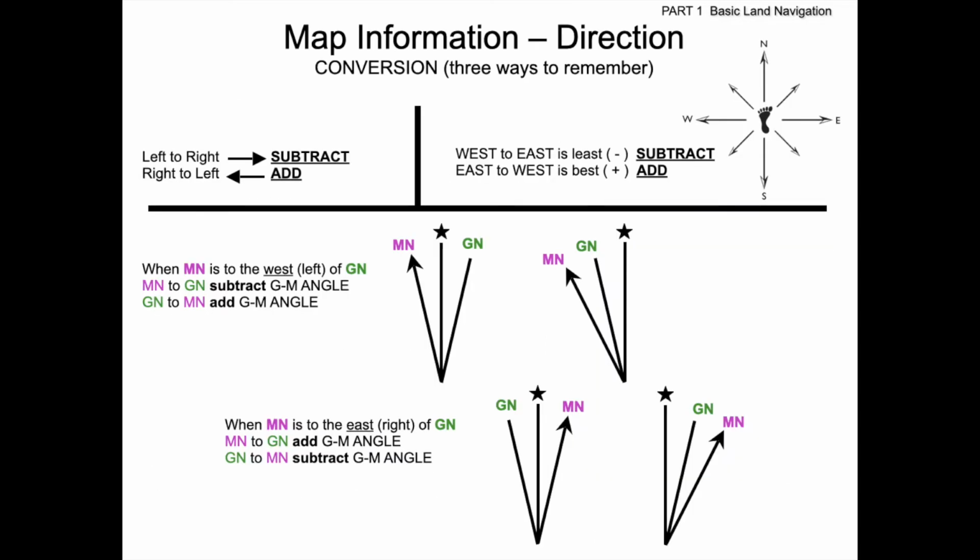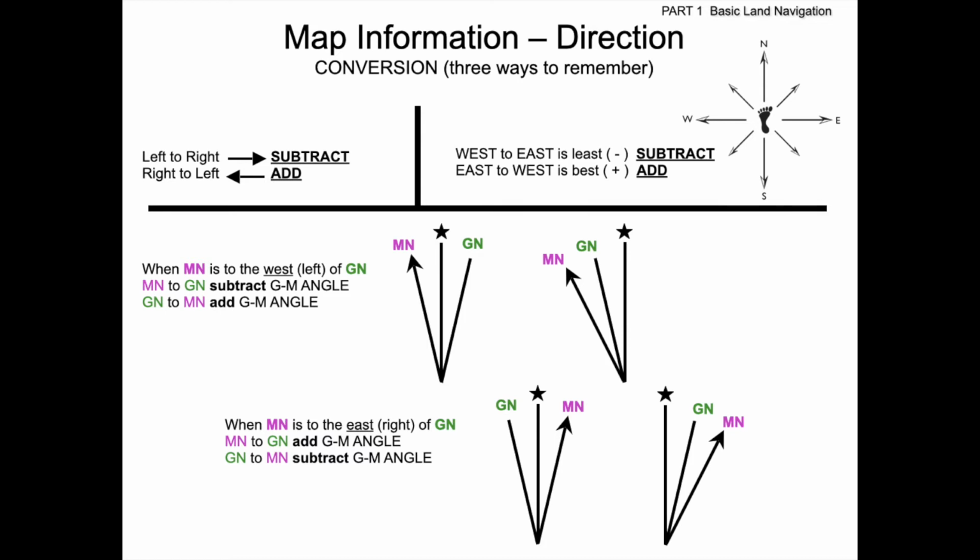All right, so now we're going to talk about the actual conversion. What we need to know is, if we're going from a grid north azimuth to a magnetic north azimuth, which is the scenario we talked about, route planning, whether we're going to add those 24 degrees or subtract those 24 degrees, right? So the answer is it depends.